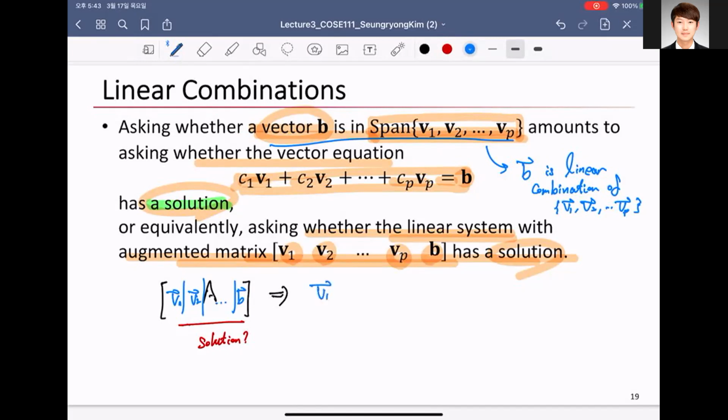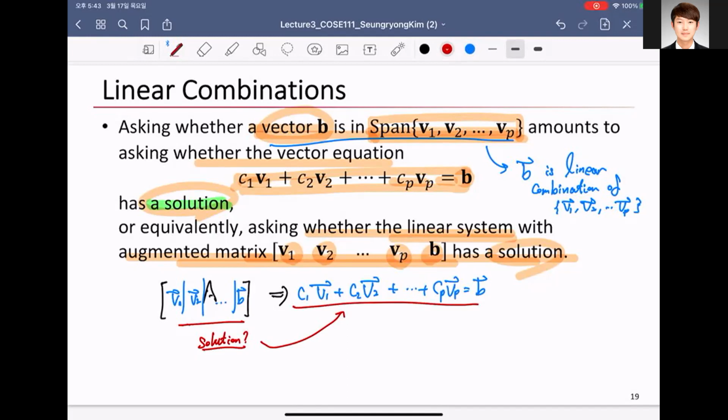V1, C1 plus C2, V2 plus ... CP, VP is equal to P. The solution problem can be applied to the same vector equation by column vectors of the augmented matrix.